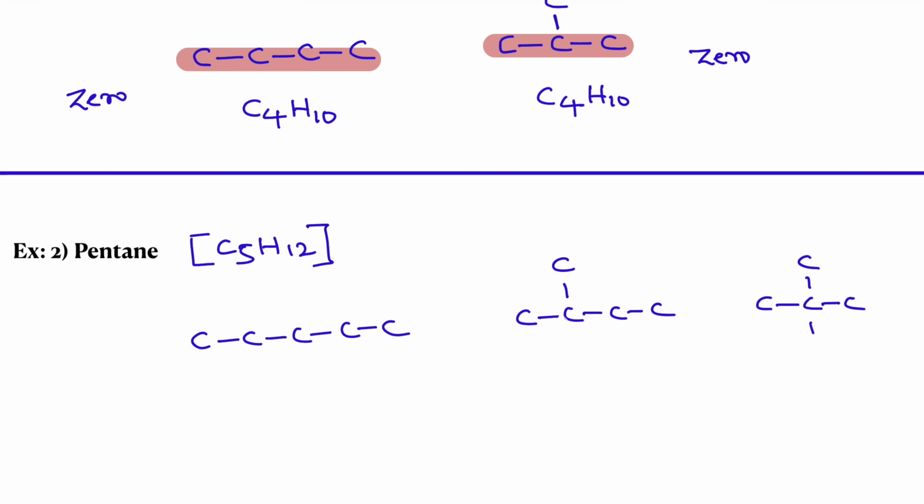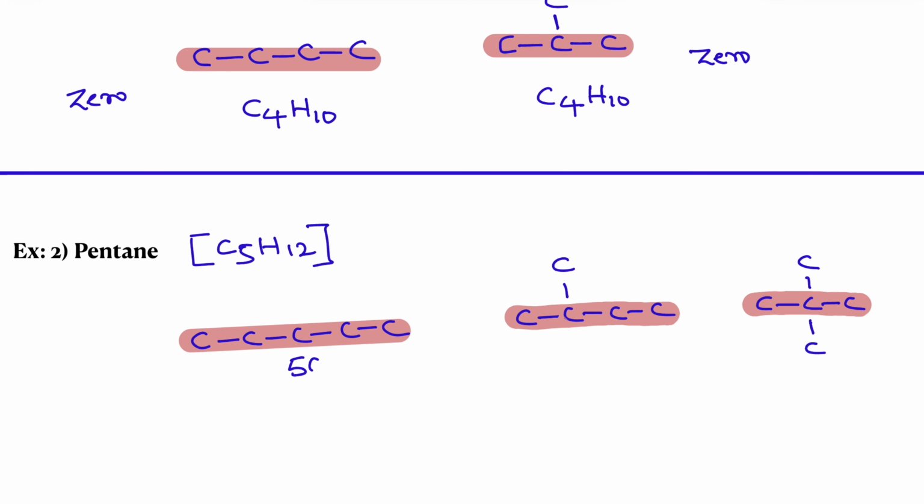So here 2 carbons. But later in the next video, while solving the questions on structural isomers, how to write the structural isomers, there I will discuss. But we are just understanding the definition. You can see this compound is having all 5 carbon atoms in the principal carbon chain, but the second pentane is having only 4 carbons in the principal carbon chain, but whereas the third one, if you see, only 3 carbons.